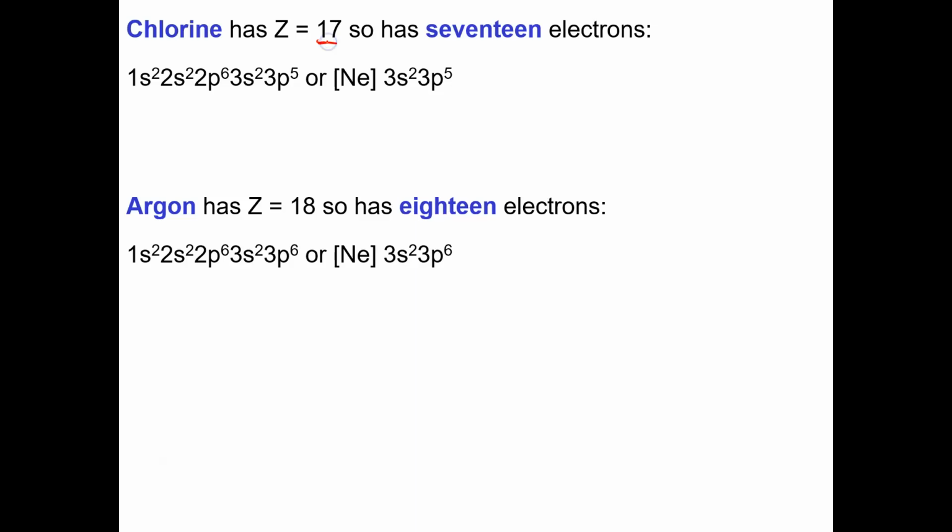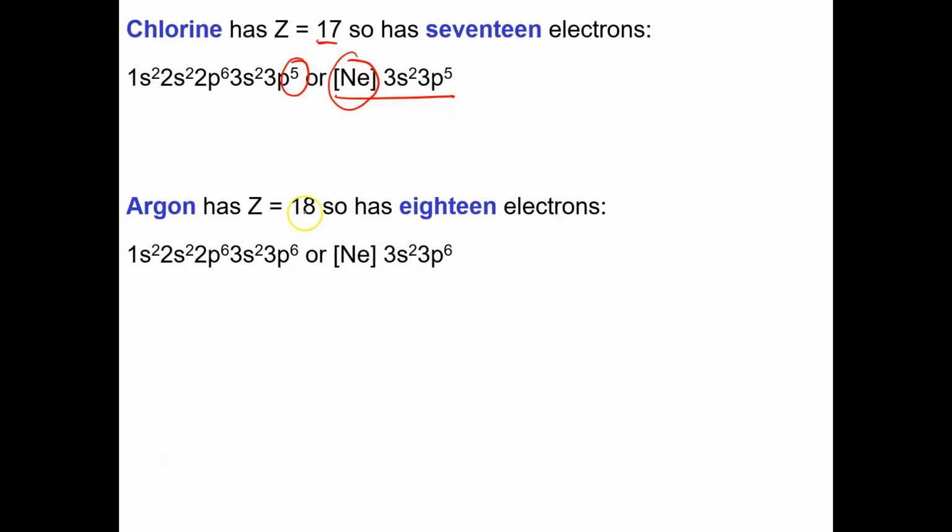Chlorine has 17 electrons, so we add another electron to the 3p subshell, and again we can abbreviate the electron configuration by writing the core electrons as the symbol of the preceding noble gas in square brackets.